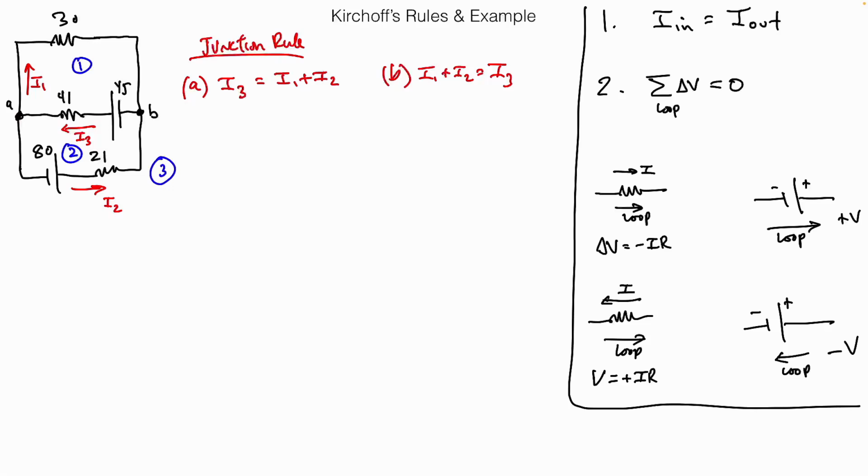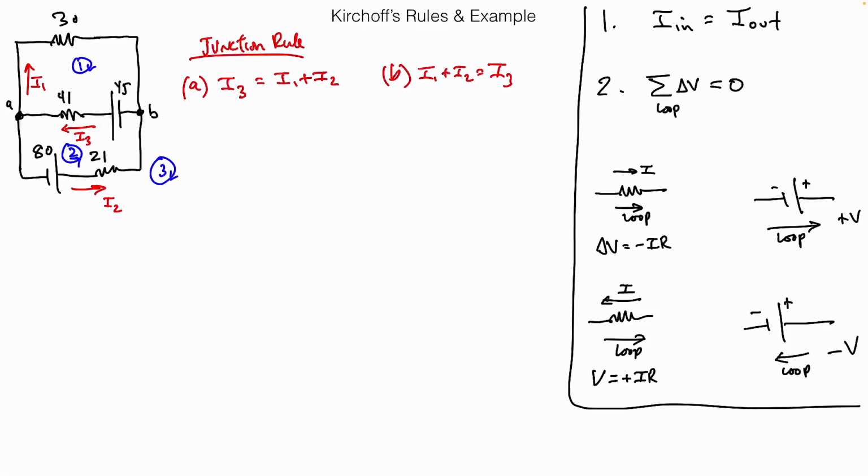Okay. When you identify your loops, again, you need to pick directions with those loops. Clockwise or counterclockwise. Doesn't matter. But once you pick it, stay consistent. I'm going to pick clockwise for number 1. I'm going to pick counterclockwise for number 2. And I'm going to pick clockwise for number 3.